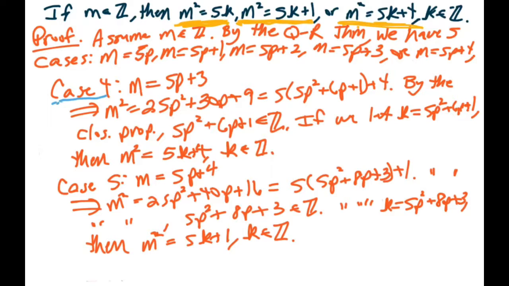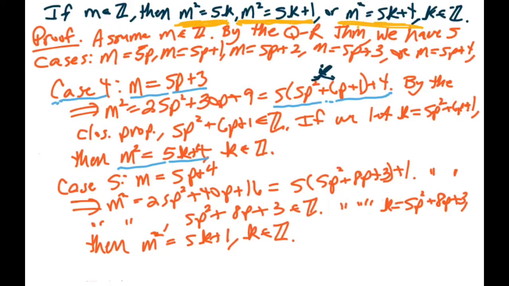And so now you would do your case 4 and case 5 in the exact same way. It turns out that in case 4, when you let m equal 5p plus 3, doing a little algebra, you can write it as 5 times something plus 4, and that plus 4 is nice because that means that your m squared is 5k plus 4. Again, you have to make the argument that what's in parentheses, the k, is indeed an integer, and we can say by the closure property that's true, and then just let k equal that, and you've got it.